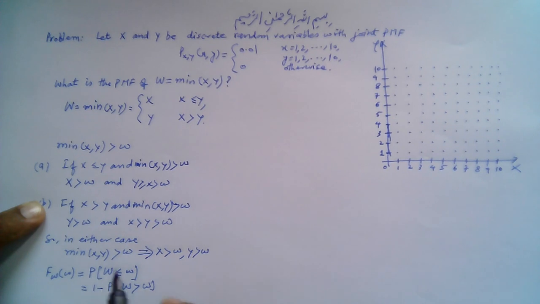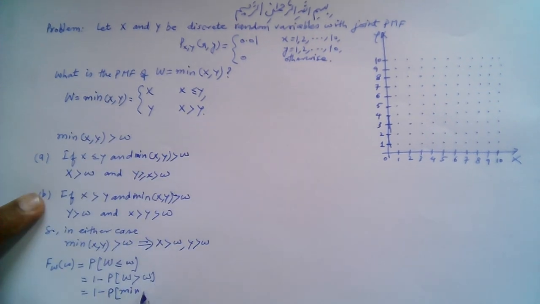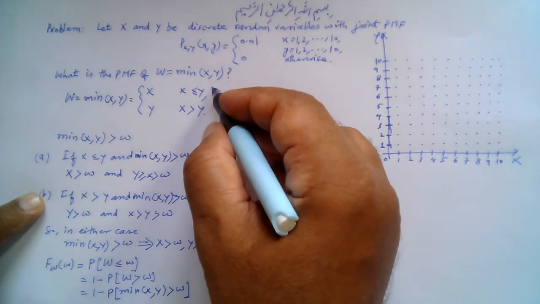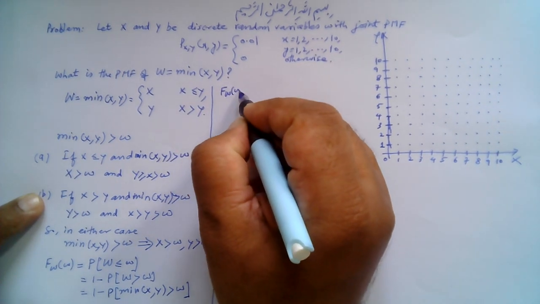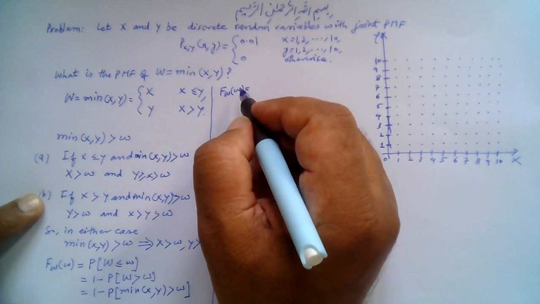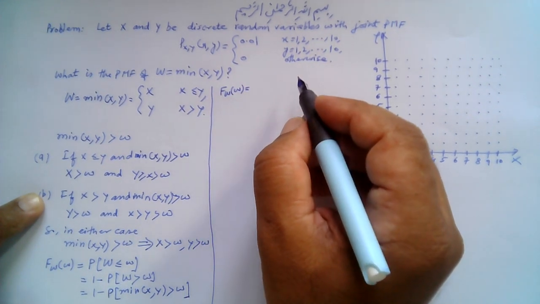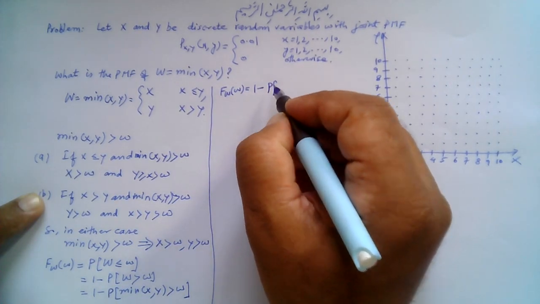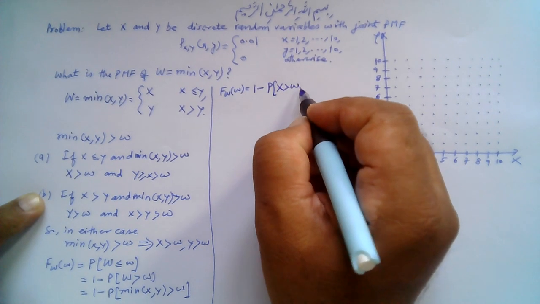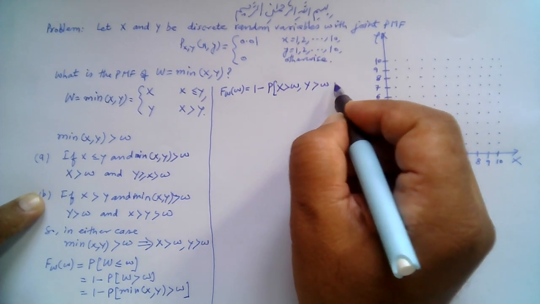W is basically equal to min of x, y. So the minimum of x comma y is greater than w, right? But we have derived this relationship here, so we can use it now. So F_W(w) is equal to 1 minus P(x greater than w, y greater than w).